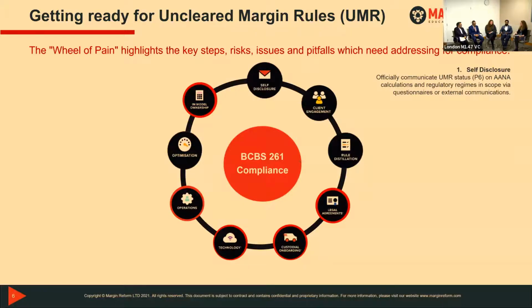If you ask any dealer who has taken on UMR as a project, it can take months, if not longer, to put IM documentation into place. And that doesn't even take into account the decisions that need to be made from a custodial or infrastructure perspective to be able to start those conversations.